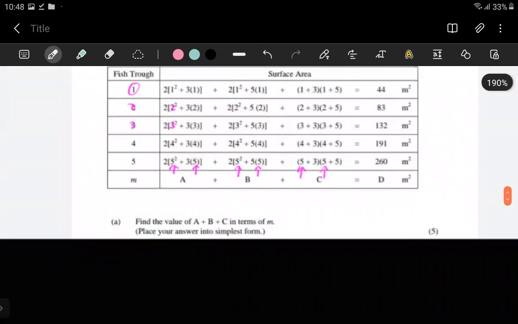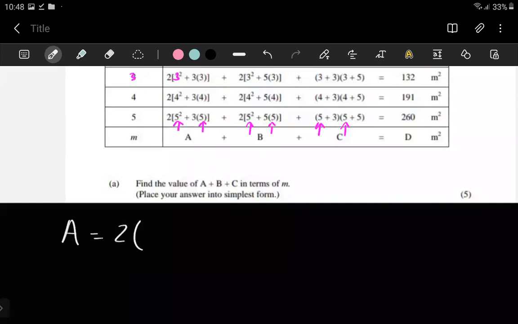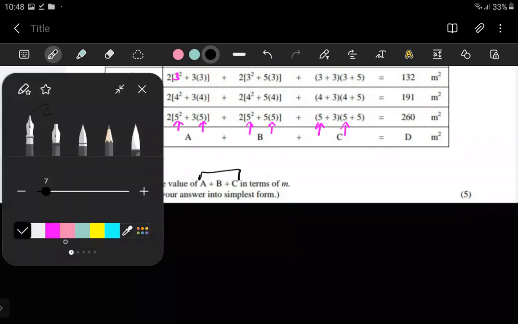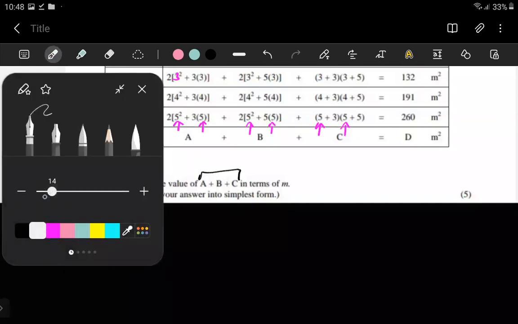We're not doing anything very crazy. For example, for A, we can do them individually first and then add them. That's something you can always do on your answer sheet. Always be comfortable doing things individually before you throw them into the equation.